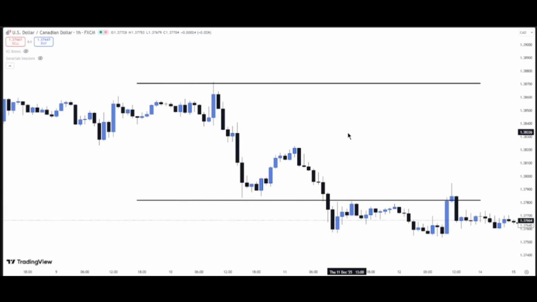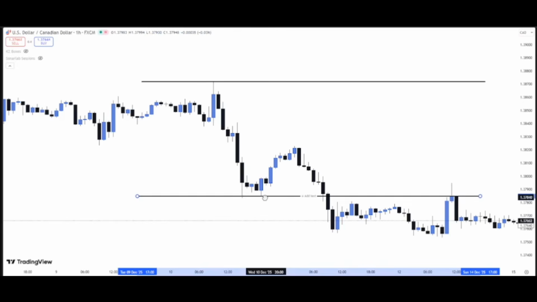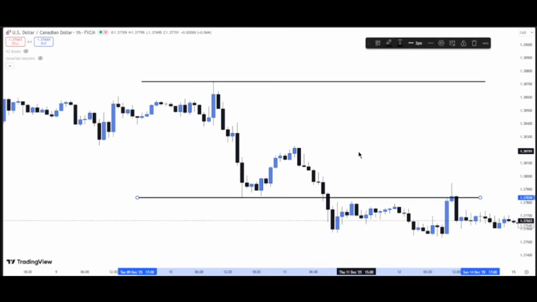So this is the 1H time frame of USD CAD. This is our previous daily candle high, and this is our previous daily candle low.